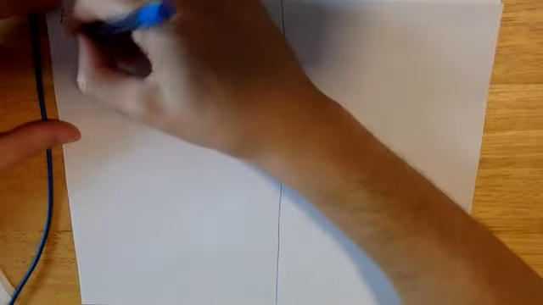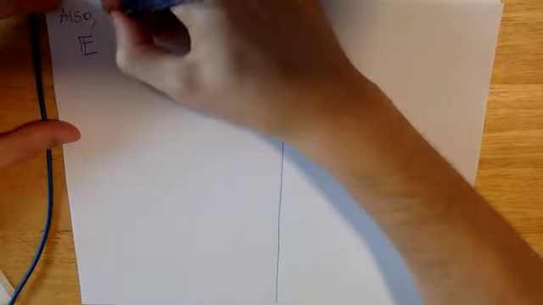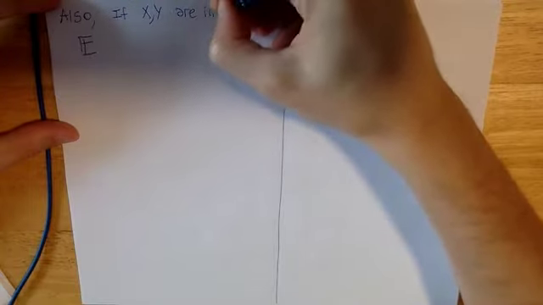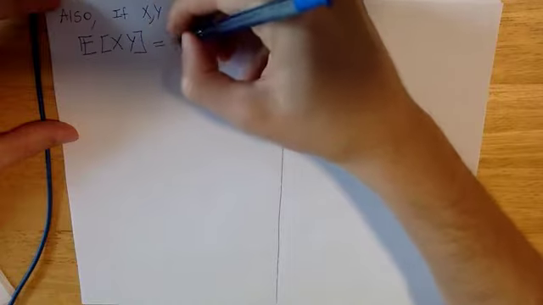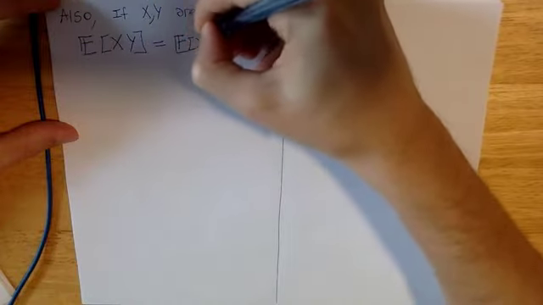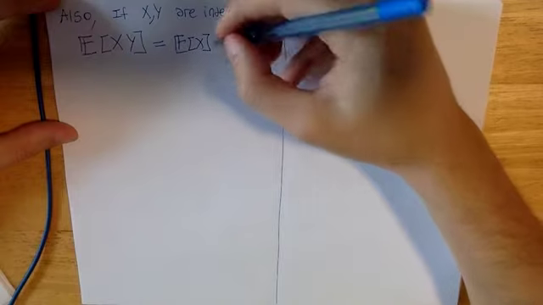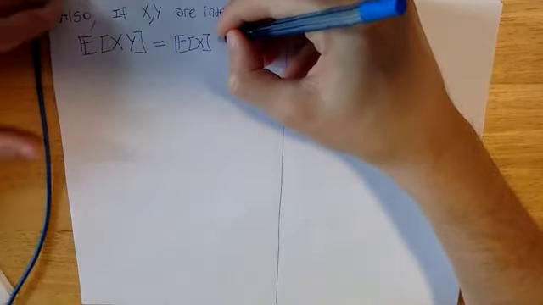What else? Also, the expectation: if x and y are independent, then the expectation of x times y is equal to the expectation of x times the expectation of y.